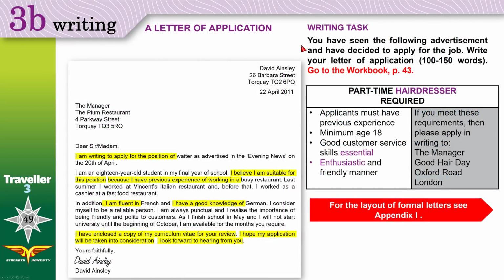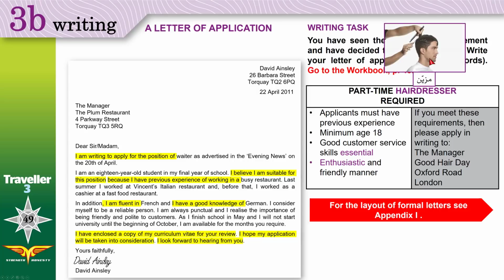Now, it is your turn to start writing. You have seen the following advertisement and have decided to apply for the job. Write your letter of application, and it must be between 100 to 150 words. Read the ad with me. Part-time hairdresser. Hairdresser is someone who gives people haircuts. Required.